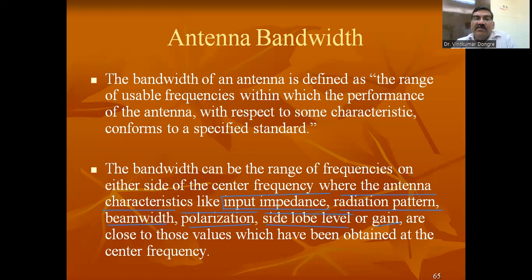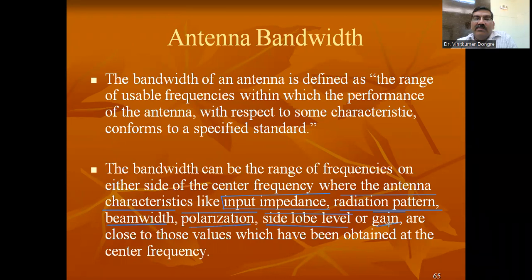In most examples the side lobe level is minus 14 dB, which is one of the standards. Then gain: if you want a constant gain, maybe 10 dB gain of antenna, for which range of frequency are you getting that 10 dB gain? So we are considering 6 parameters here, but not collectively combined.